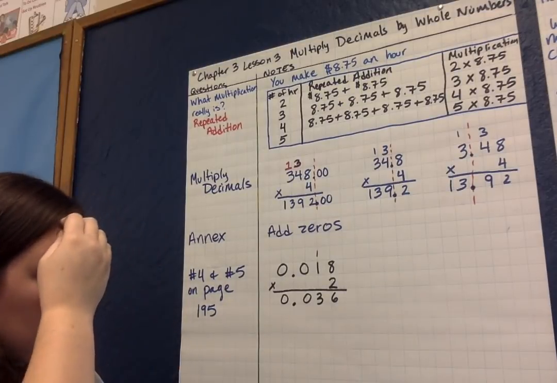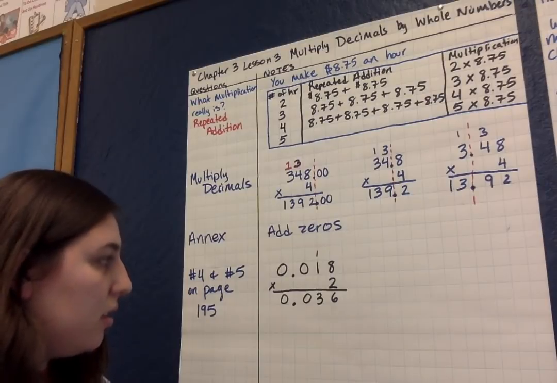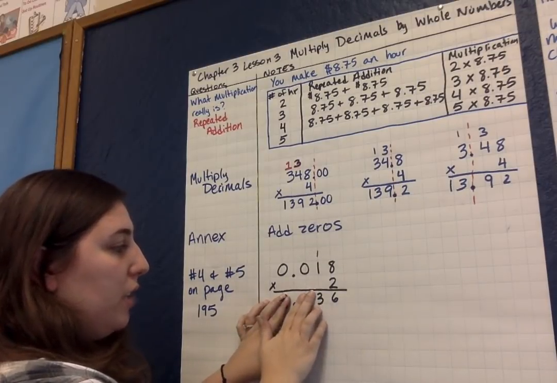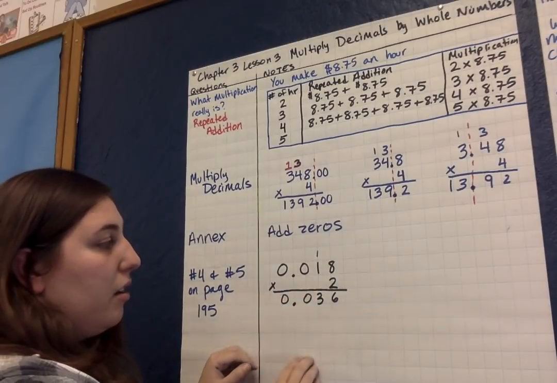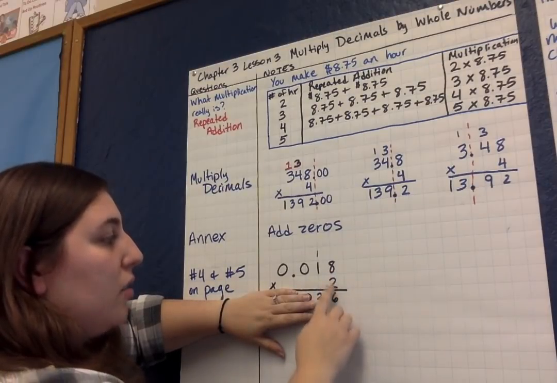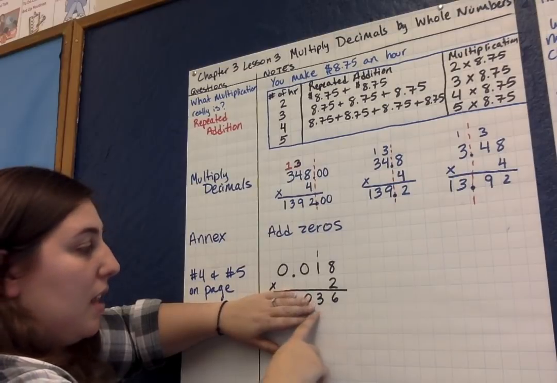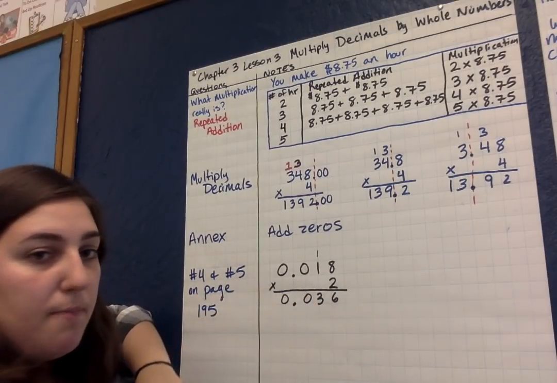Okay? The book is going to reference that you need to annex this problem. So that means if you stopped here and you didn't have these zeros here, okay? So pretend you didn't have these zeros. You did 2 times 8, 2 times 1, plus the 3, you get 36. Then you add those zeros so they fill in the other place values.